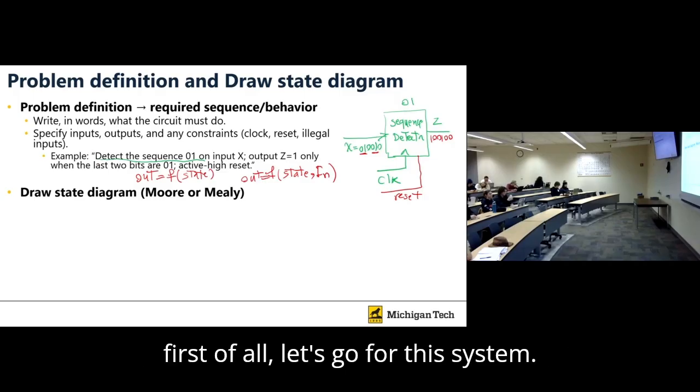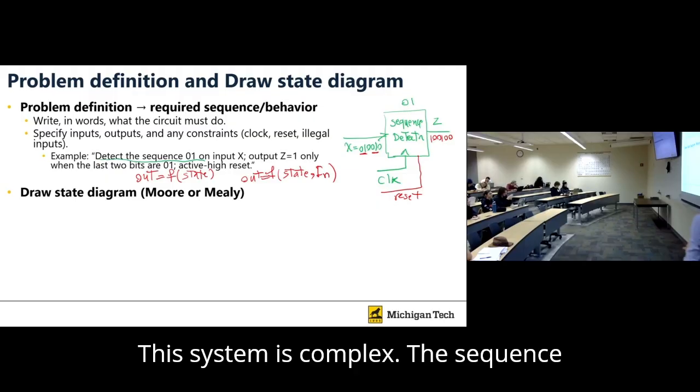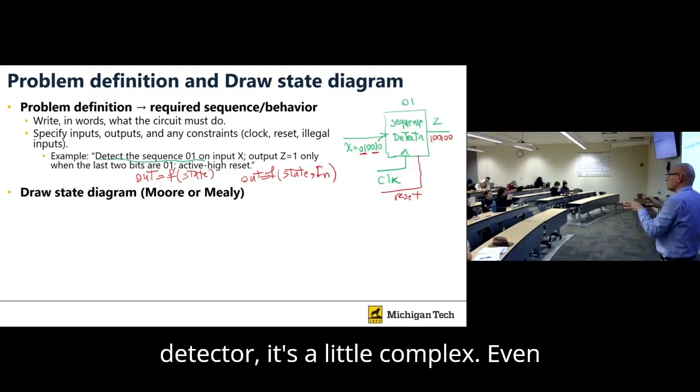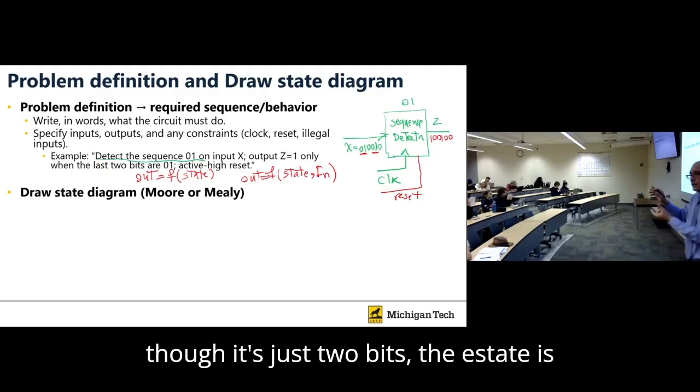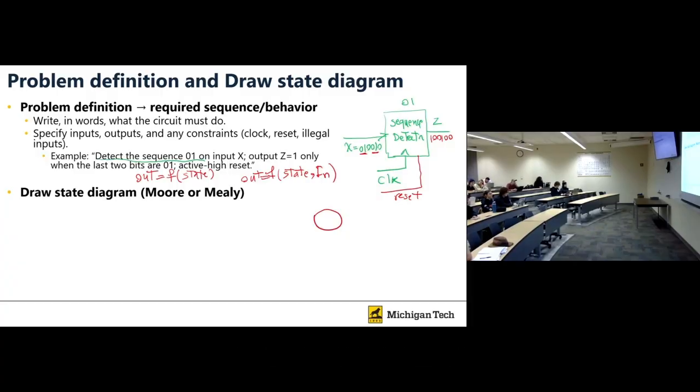So first of all, let's go for this system. This system is a little complex, the sequence detector. Even though it's just 2 bits, the states are not easy to understand. Let's see what states we have. The first state we can consider is no match.